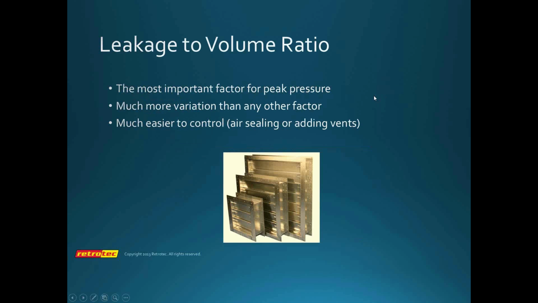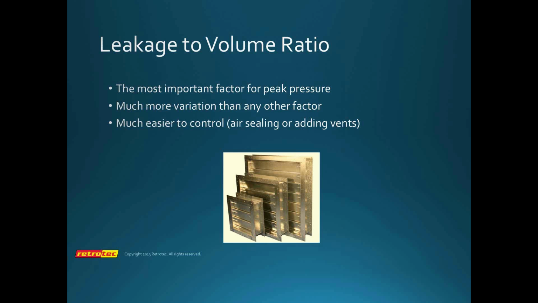The easy way that we discovered to compare one agent to another is to look at the leak to volume ratio of the enclosure. So if everything is the same and we double the size of the enclosure, the peak pressure stays the same. As long as the enclosure leakage doubles and the enclosure volume doubles, then everything is the same in terms of peak pressure.